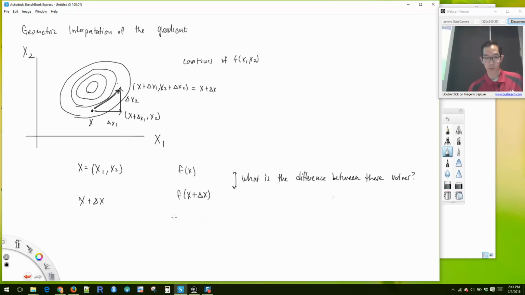And then how does our slope change as we shrink delta x to 0, okay? And so what we can see is that as we look at the gradient around a certain point here, the gradient will give us the direction of steepest ascent or steepest descent, okay?